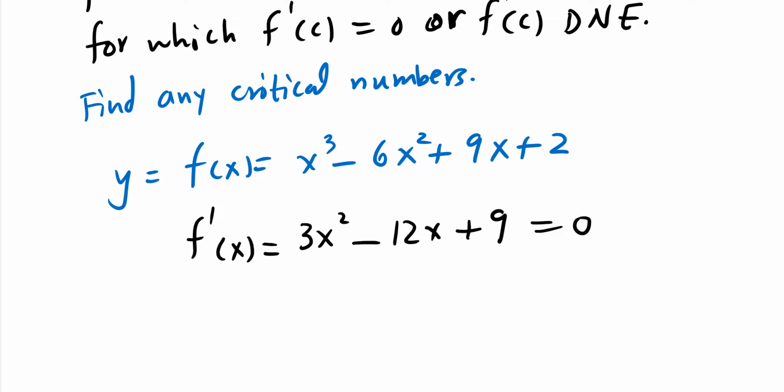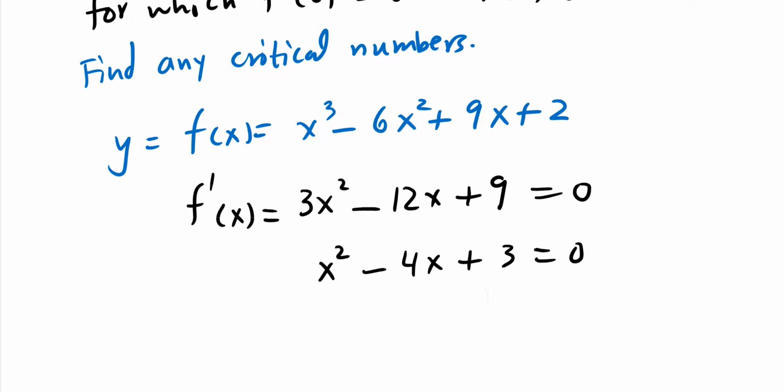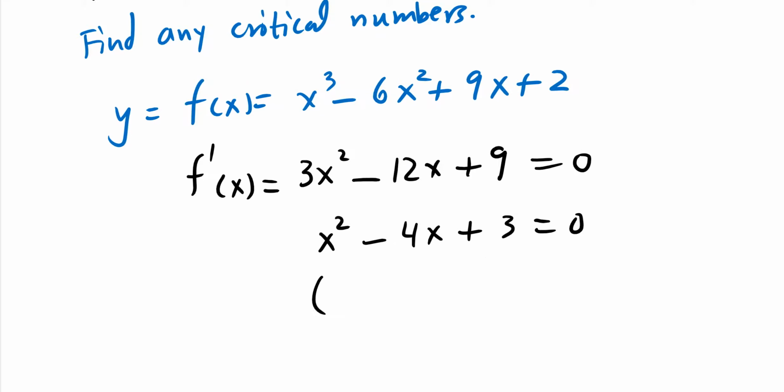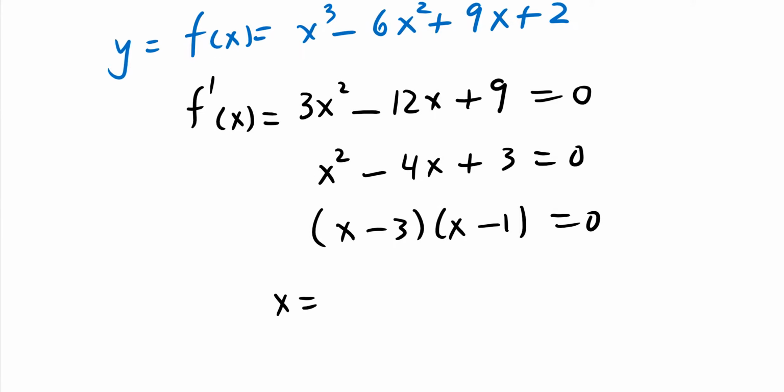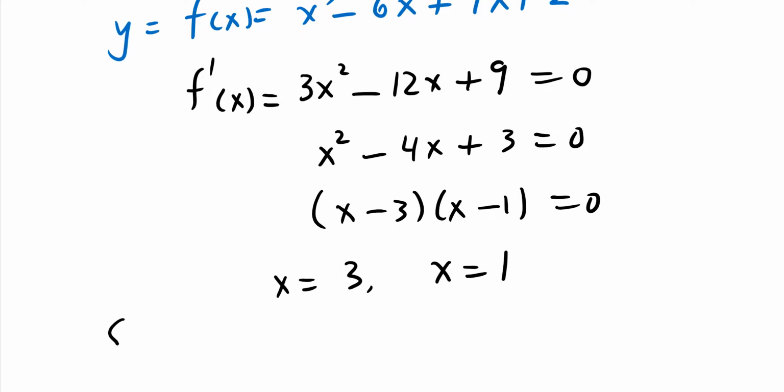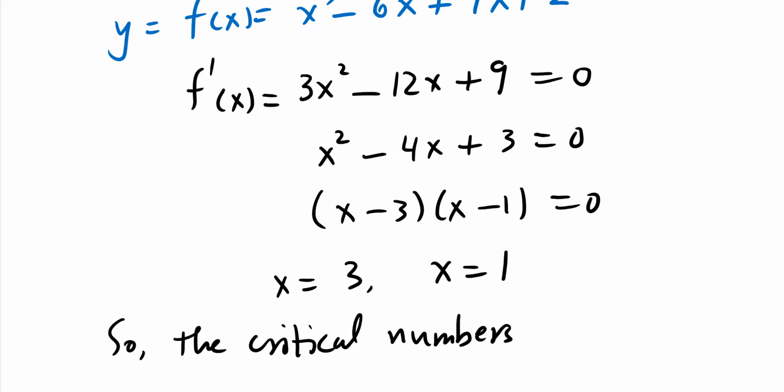I see I can divide everything by 3. That makes it simpler to work with. We are hoping this is factorable, is it? x minus 3, x minus 1? Yes, it is. So then we get x equals 3 and x equals 1. So the critical numbers are 1 and 3.